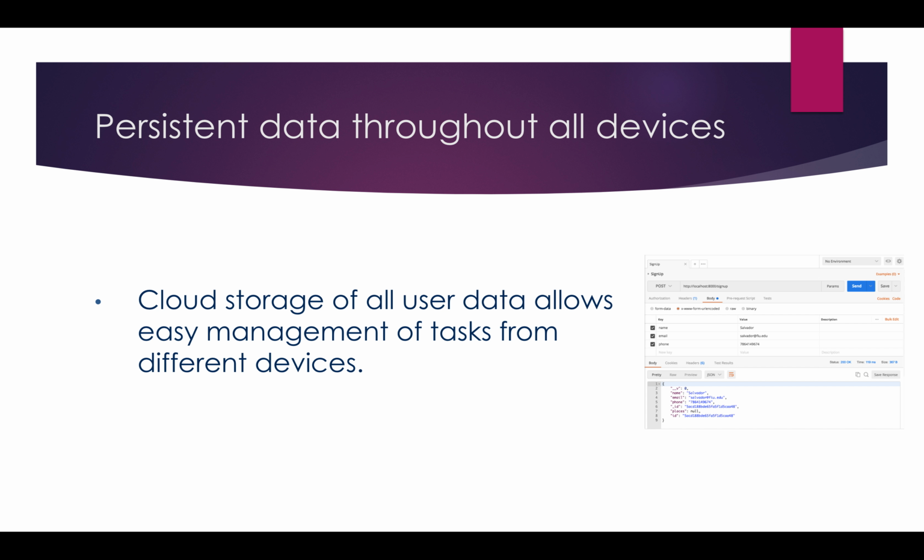We have the data of all the places that the user wants to go and all the tasks within those places stored in the database. This allows the user to have multiple devices, like an iPad and phones, and have the same data on all of them. We also save the data for each user, like name and username, in a secure manner.